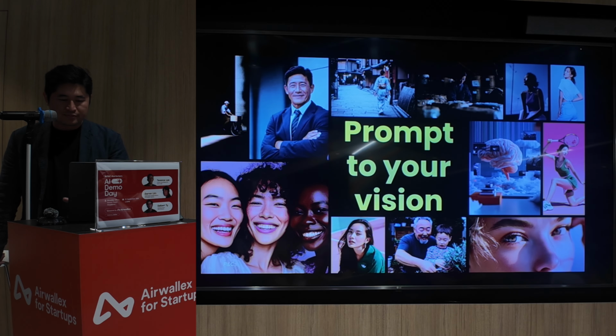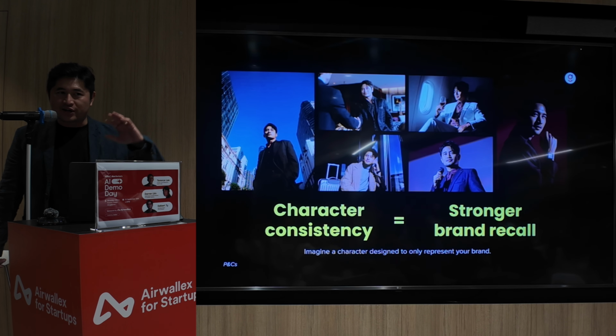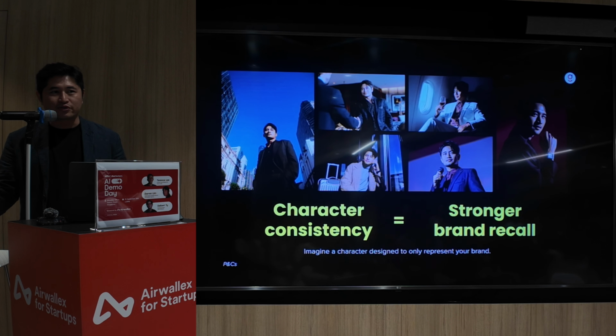So here, okay, sorry, I need to use myself. I know, I look too handsome in this compared to real life. Yeah. So what I'm trying to prove here is character consistency, which AI could also achieve, meaning you will get stronger brand recall. We no longer need to rely on Getty Images or Shutterstock for that same model that every brand or competitors are fighting for.